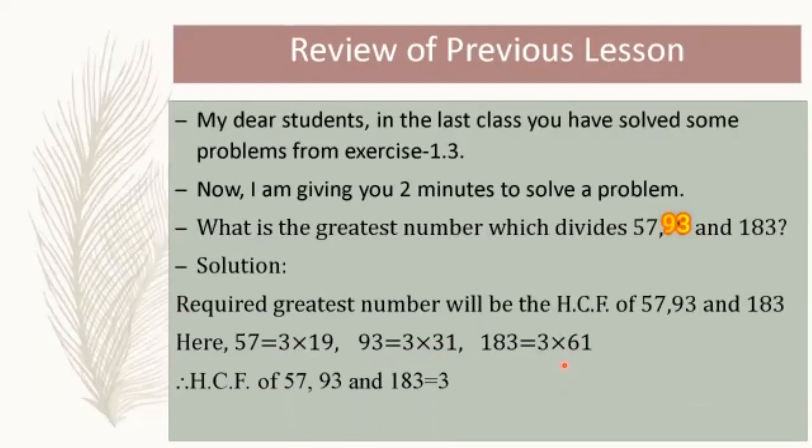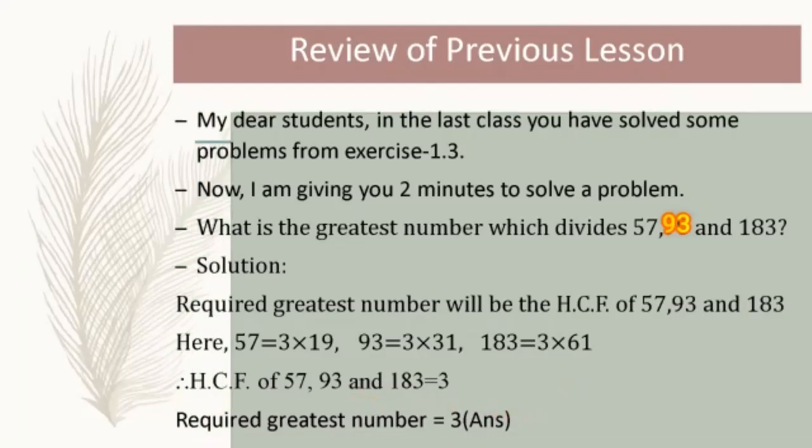So my dear students, therefore the HCF of 57, 93 and 183 equals 3. The required greatest number will be 3. So that is the answer to this question.